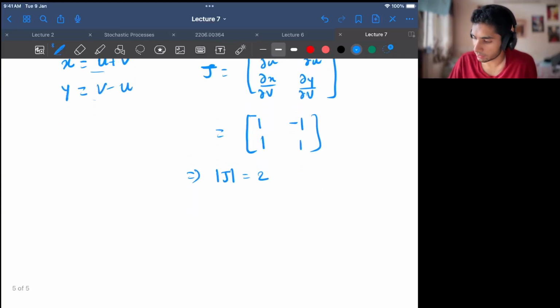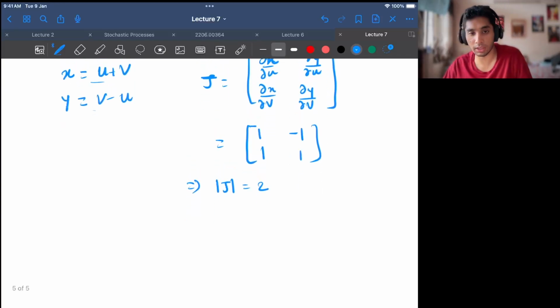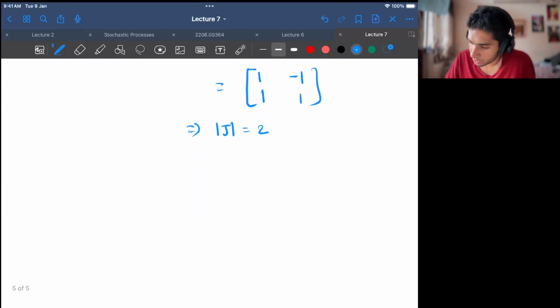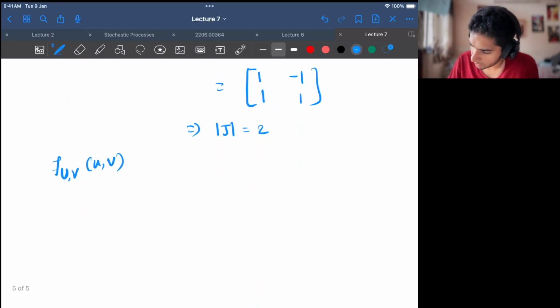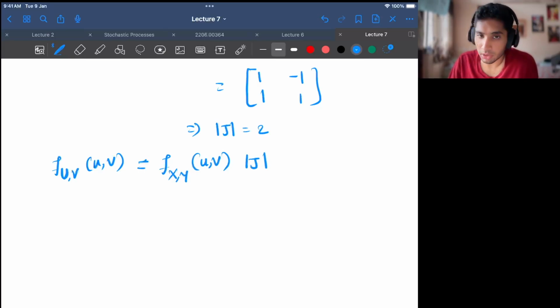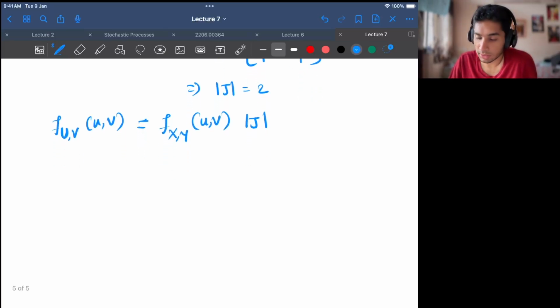So I am calculating this because I want to use transformation of random variables, right? So what will be the distribution f of u comma v at u comma v? This will be equal to f of x comma y in terms of u comma v, times mod J. That's all, right?